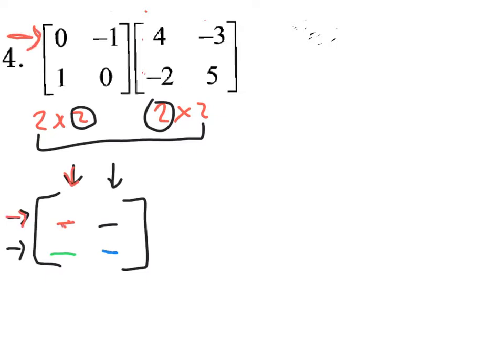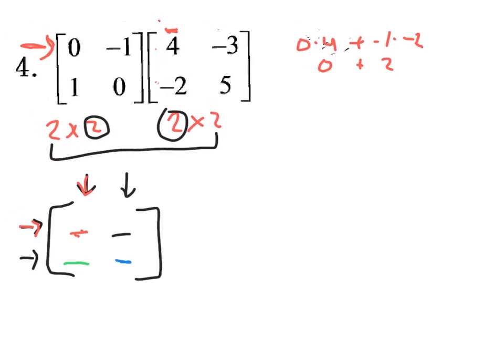We take the first row multiplied by this first column. So that says 0 times 4 plus -1 times -2, which then is 0 plus +2. So when you add that, you get 2. That goes as your first element in your first row, first column spot.